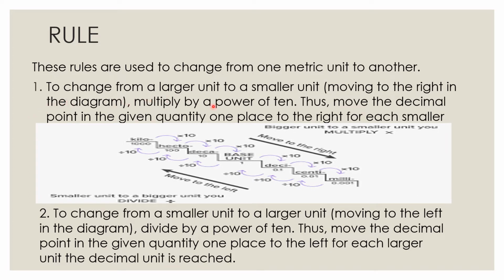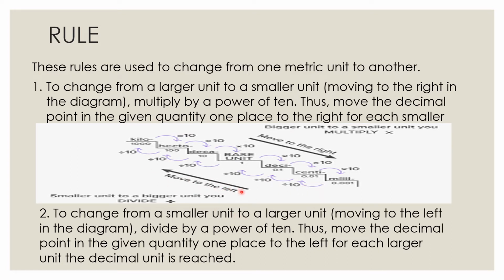To change from a larger unit to a smaller unit, moving to the right in the diagram, multiply by the power of 10. Thus, move the decimal point in the given quantity one place to the right for each smaller unit. So from kilo down to the smaller, we multiply by 10 for each step. And then from smaller to bigger, we divide.